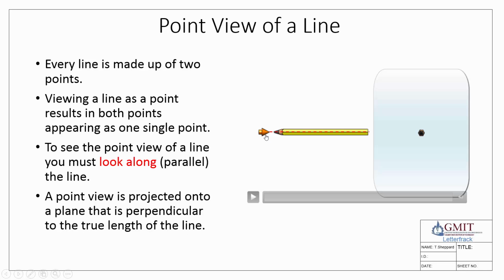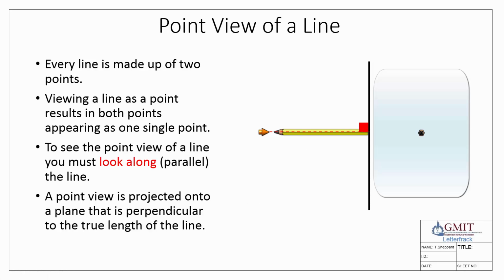If this is our true length line, this is what we see in our side elevation, the plane we're projecting onto is at 90 degrees to it. And here we can see the outline of the plane when seen straight in as we look in at the point view of it. So the plane is always projected perpendicular to the true length, and that's very important. It has to be to the true length of the line.